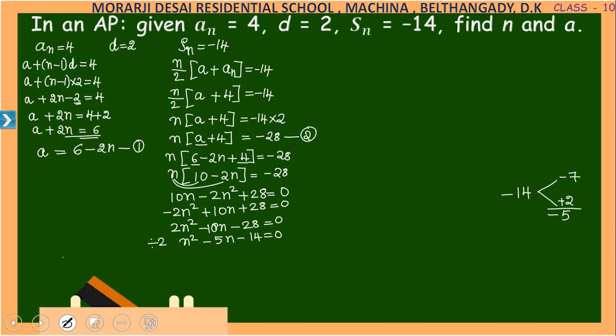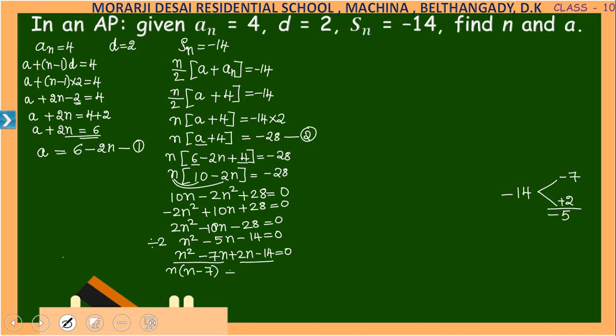Now instead of minus 5n, I have to write minus 7n plus 2n minus 14 is equal to 0. Now group first two together, then next two. In the first two terms, n is common, so n minus 7.